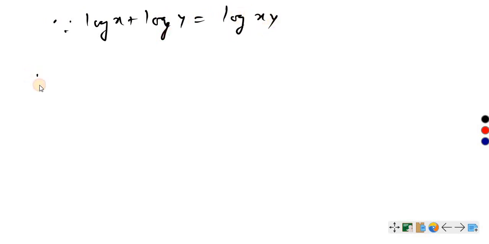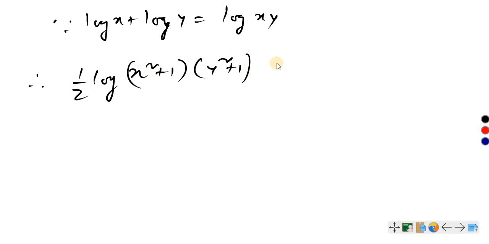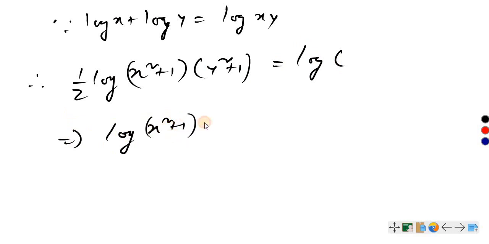Since log x plus log y is equal to log xy, this is the logarithmic formula. Therefore, we can write half log[(x² + 1)(y² + 1)] equals log c. Or this can be further written as log[(x² + 1)(y² + 1)] equals 2 log c.